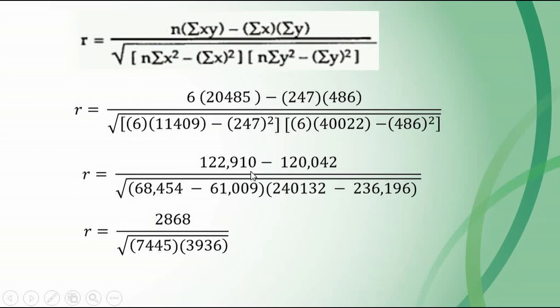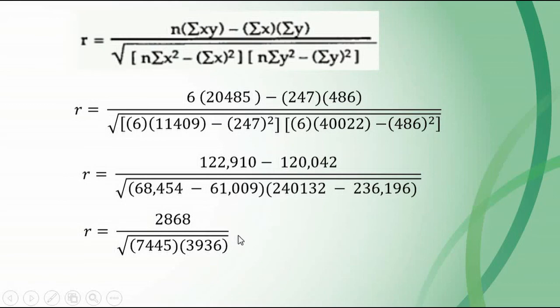So r is equal to 122,910 minus 120,042, over the square root of 68,454 minus 61,009, times 240,132 minus 236,196.